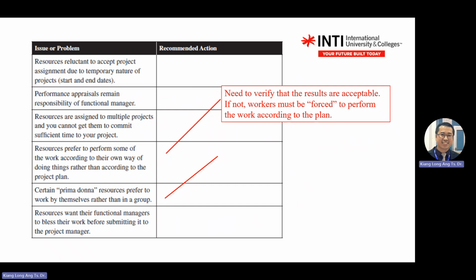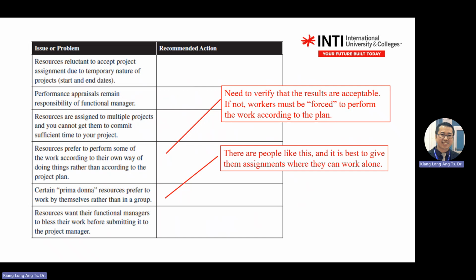The hidden issue here is information sharing, because those Lone Rangers don't like to share information. So you can leave them alone, let them do the task. But what is important here is sharing of information, the updates of their progress.